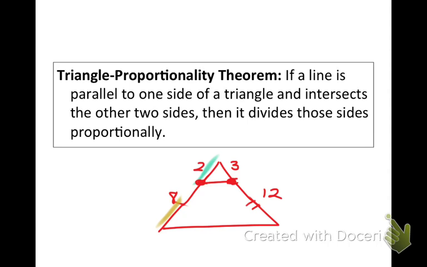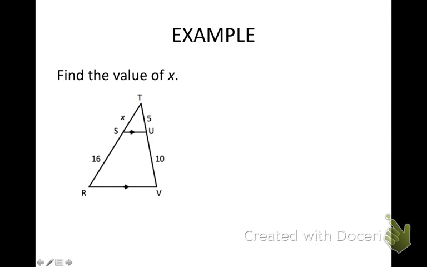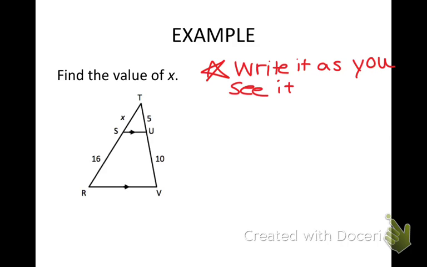So if we look at this first example, we want to solve for x. So I would like you to put a little star up here, because the moral of these theorems is going to be write it as you see it. So look where your x is. Your x is up here at ST. What is x physically over? 16.